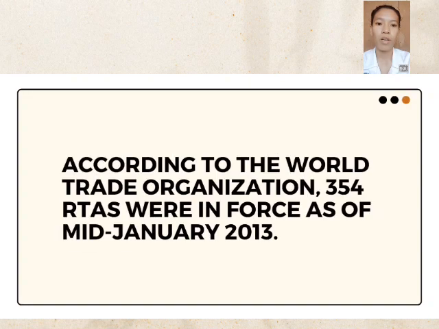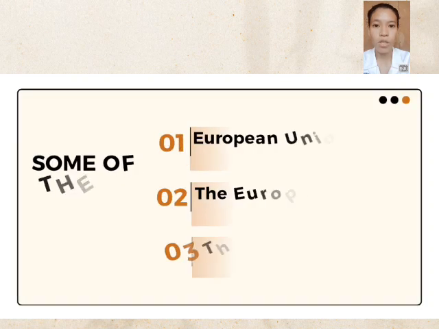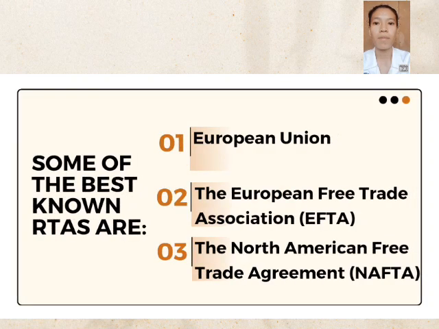According to the World Trade Organization, 354 RTAs were in force as of mid-January 2013. So here are some of the best known RTAs. The first one is the European Union. Second is the European Free Trade Association or the EFTA.